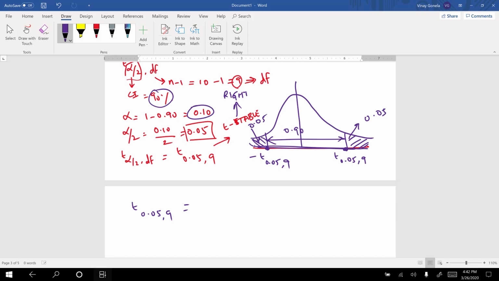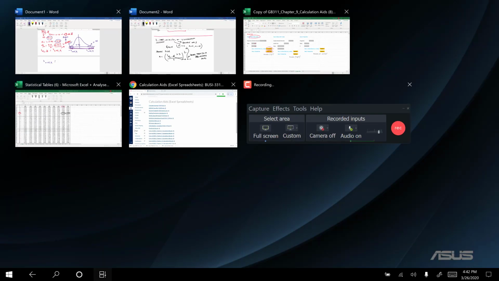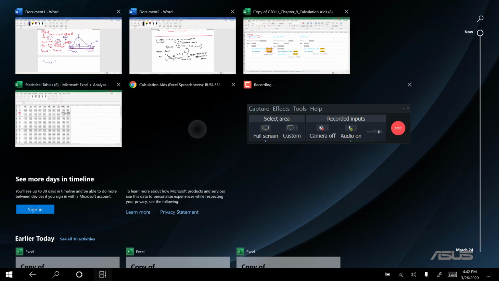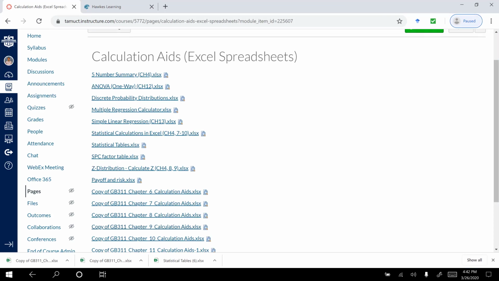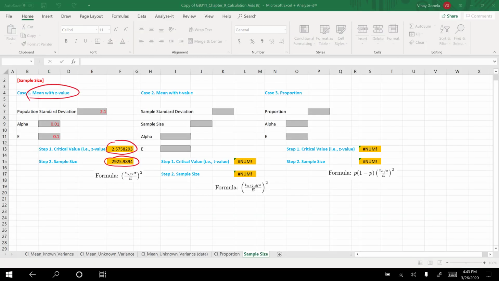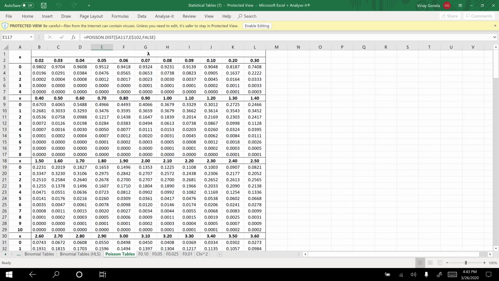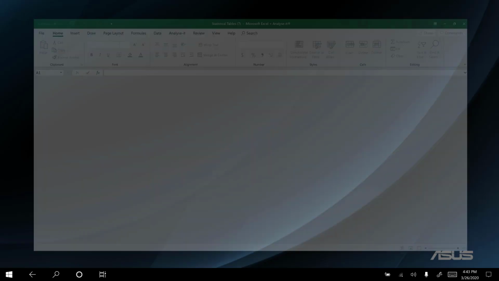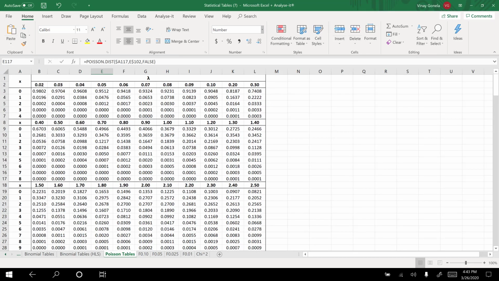I can go into my T table. I will go again to statistical tables, download the statistical table, and then go to, currently I am in the Poisson table, so I will go to the T table.